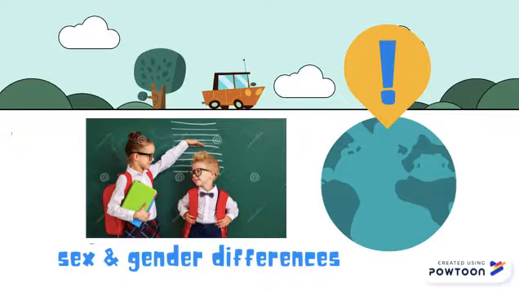For example, girls tend to develop faster during infancy and childhood, and girls also reach puberty 2 years ahead of boys. On the other hand, boys are generally taller and heavier than girls, except during early puberty when girls go through the pubertal growth spurt first.